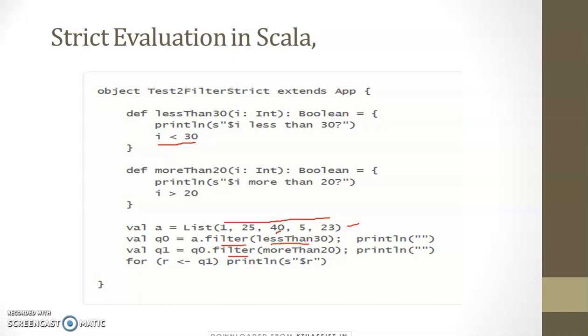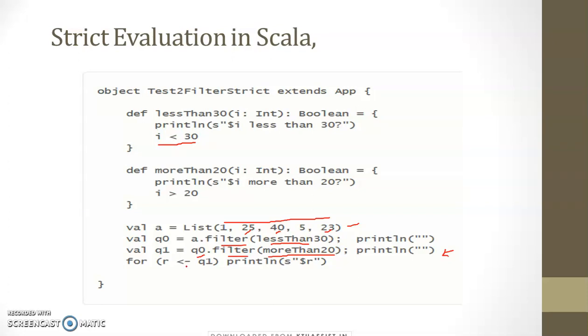So the filter function creates a list, and that list is taken for the next statement. The more than 20 condition is applied on that particular list, that is Q0, and it checks the values greater than 20.